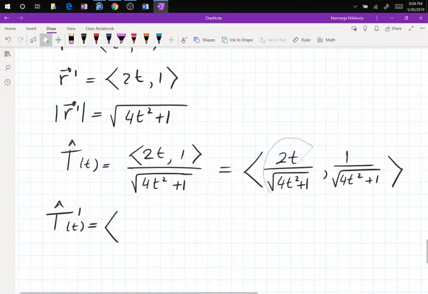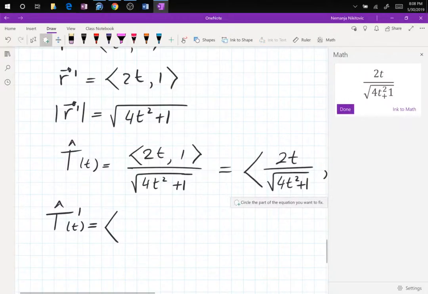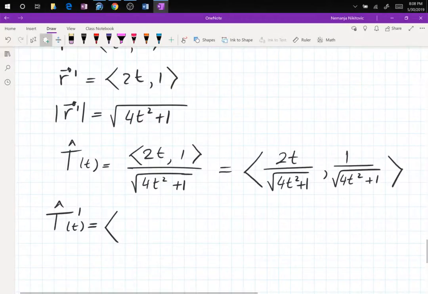You select that term, you push the math button, and then you go t squared, plus 1.